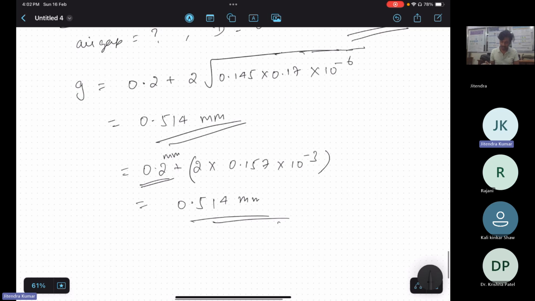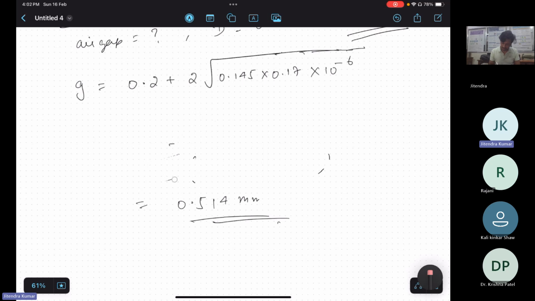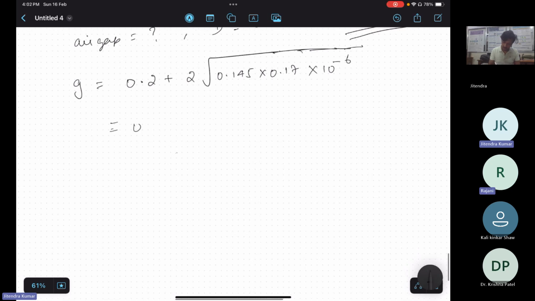Okay. Let me simplify it. Please, let me recalculate. Okay, this is 0.2 mm plus 2 times.